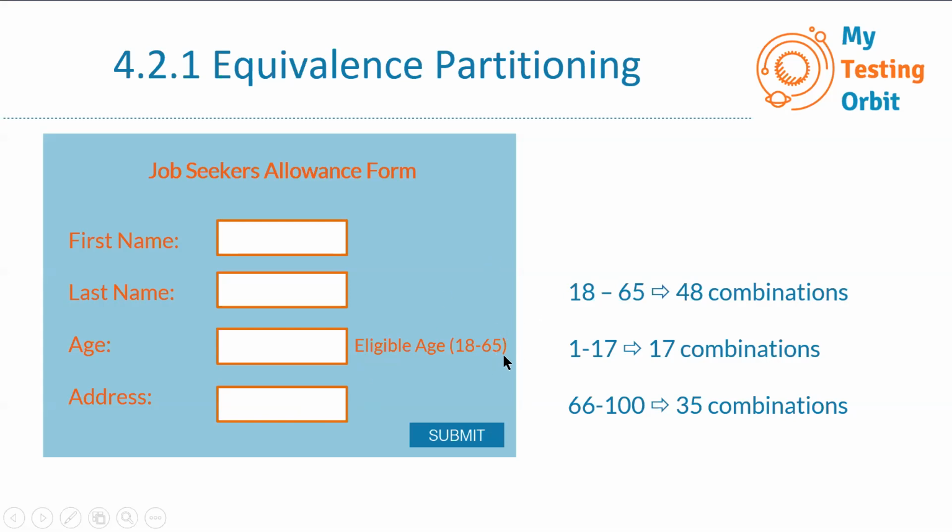Okay, so 18 to 65. If we think about all the possible combinations, how many combinations do we have? If we just talk about the positive combinations from 18 to 65, we have around 48 combinations, and these are only positive ones. Then if we talk about the negative scenarios as well, negative input data, then 1 to 17, 17 combinations, and then 66 to 100, 35 combinations.